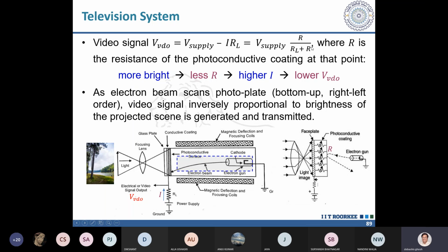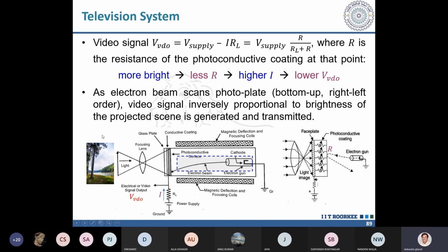This R can be neglected in the denominator compared to RL. So you see your V video is proportional to R, and since R is inversely proportional to brightness, you get your V video inversely proportional to the brightness of the light falling at that point.